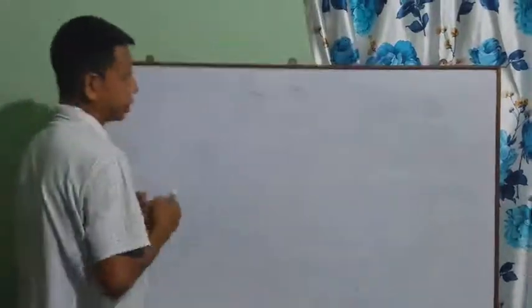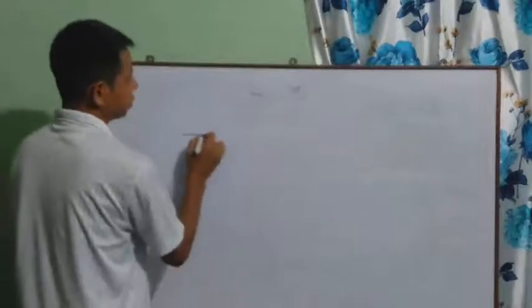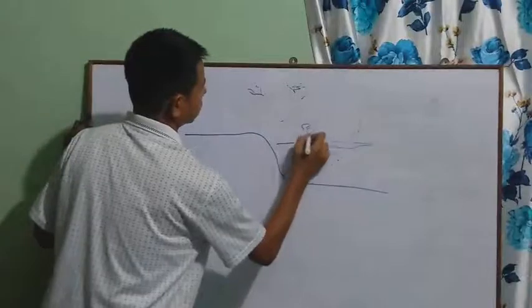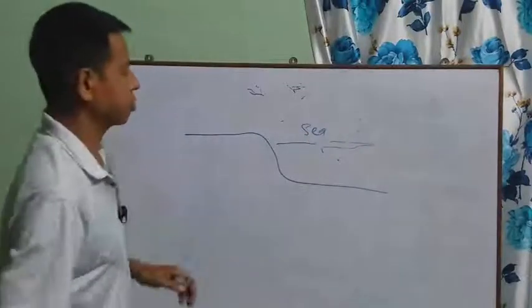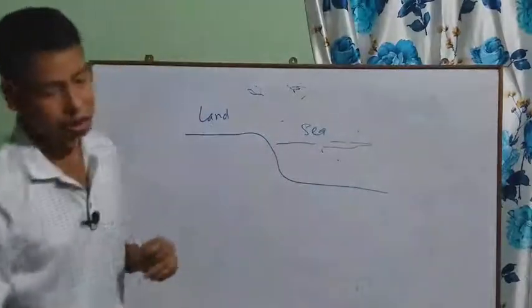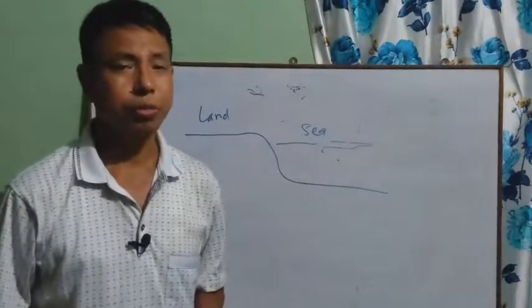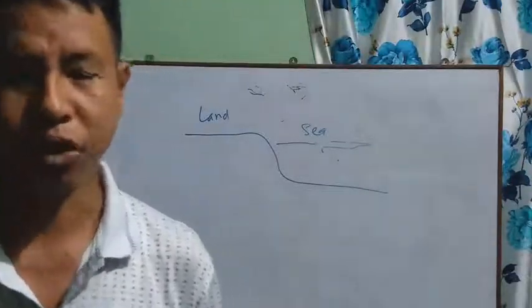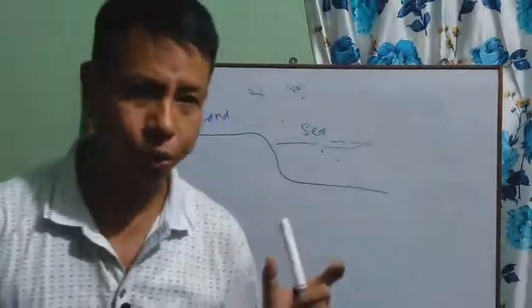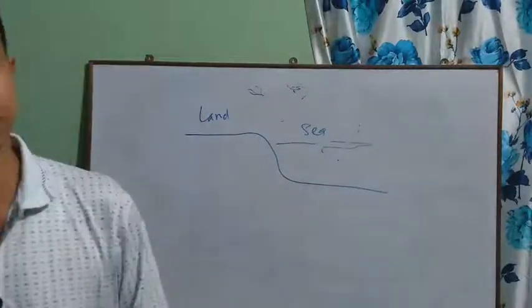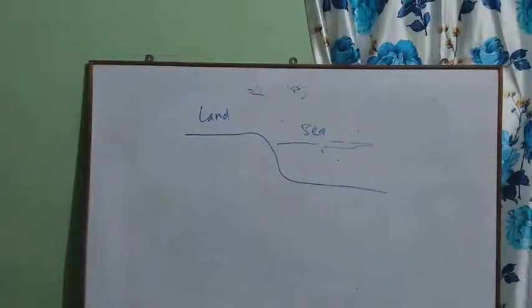Suppose this side it is the sea area and this side it is the land area. Now this sea breeze means it is a gentle wind. The movement of this gentle wind from sea to land area is called sea breeze. How it is happening, that I will explain.